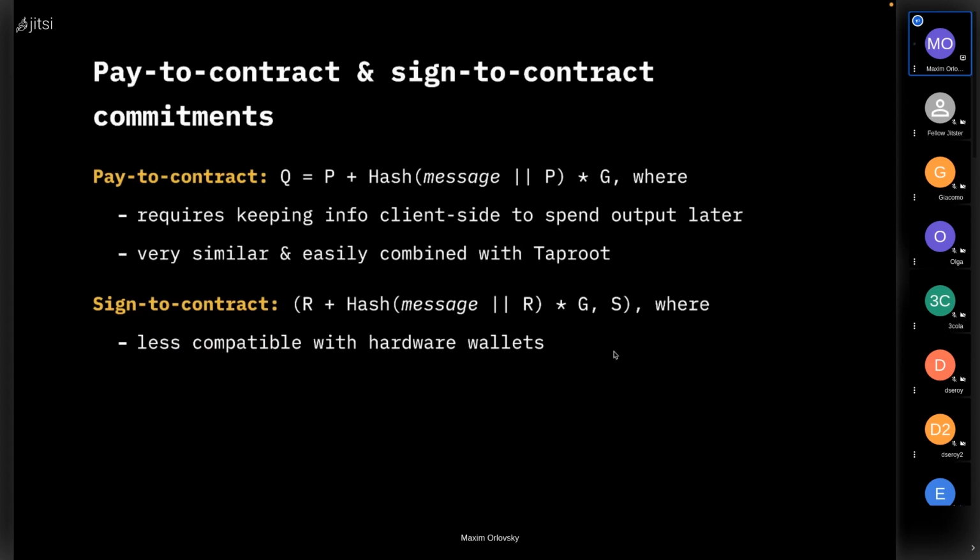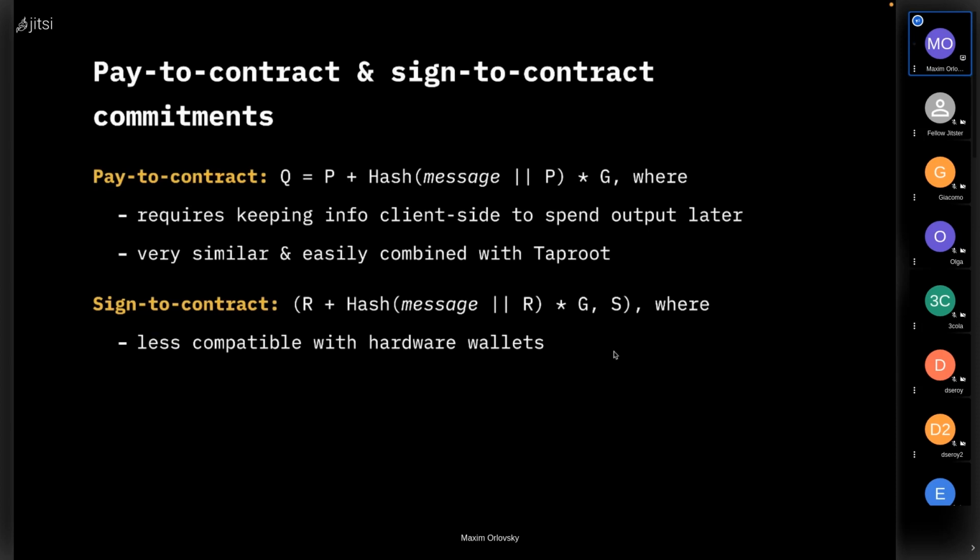So the difference between these two is that they have very different trade-offs. Pay-to-contract requires keeping info on the client side, because without this info, the owner of the transaction wouldn't be able to spend it later, because he wouldn't be able to create a proper signature. And the private key has to be treated in the same way as a public key to spend that output.